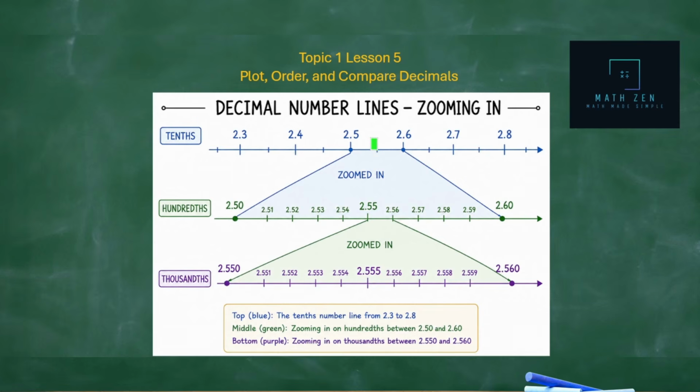So like I said, it would be your job to know that this tick mark right here actually equals 2 and 55/100. Now, on the next slides, I'm going to show you some less involved things that you're going to be working on in this lesson, such as comparing decimals, literally meaning less than, greater than, or equal to. And I'm going to show you little shortcuts in thinking on how you can do that easily.